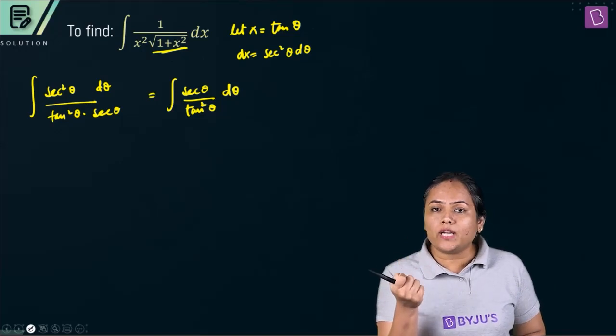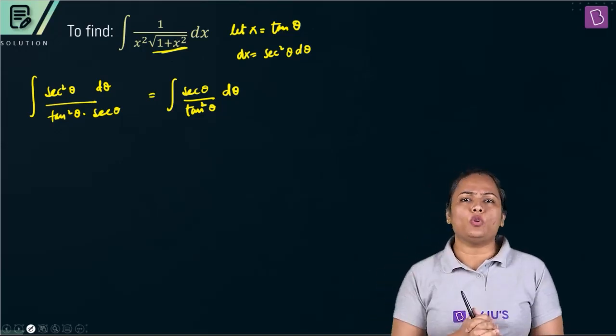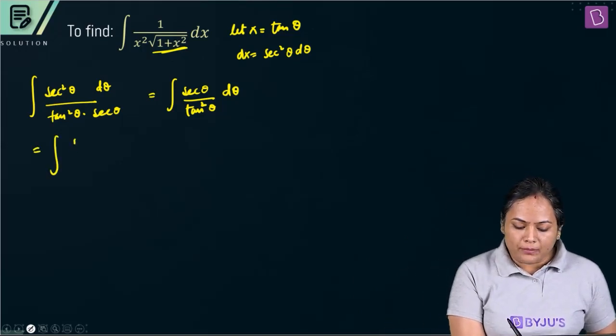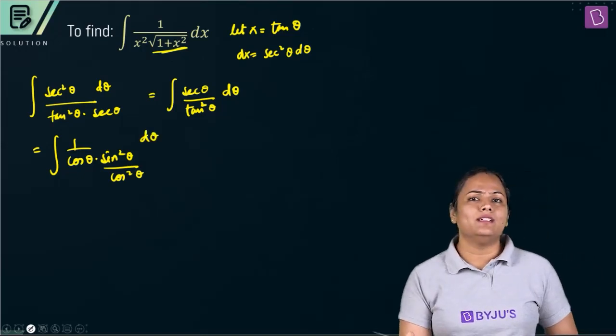Well, then what? Let's convert this entire expression into sine and cos. Let's see what we get. So when I do that, it's going to become 1 by cos theta multiplied by sine square theta by cos square theta d theta.